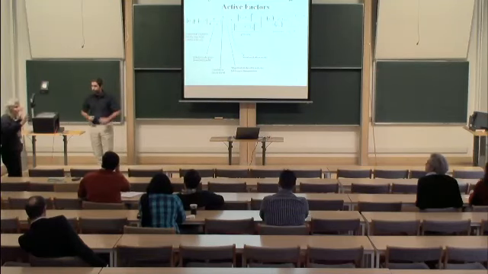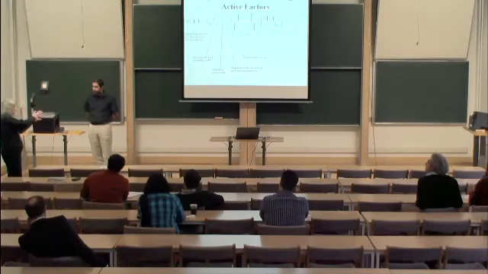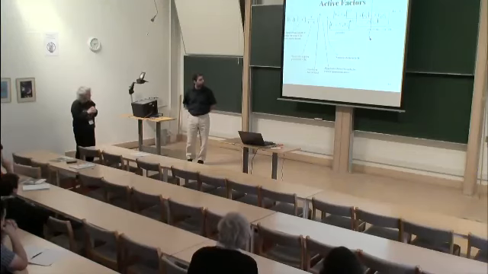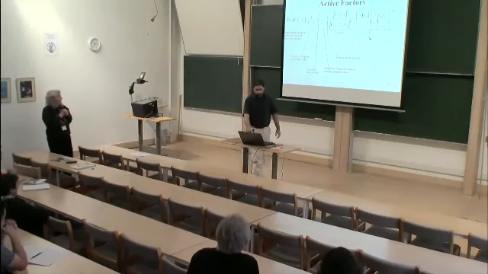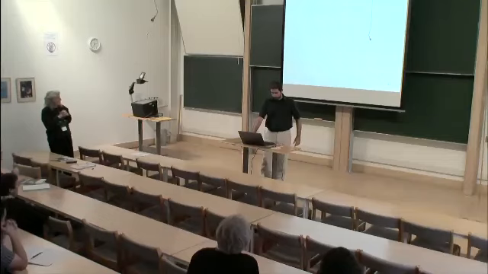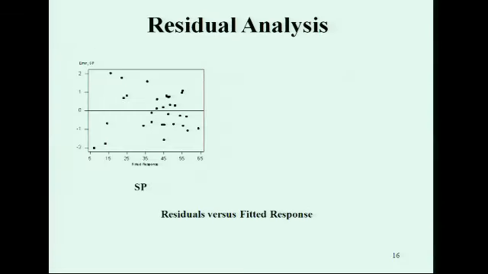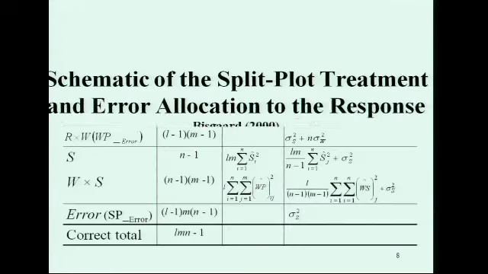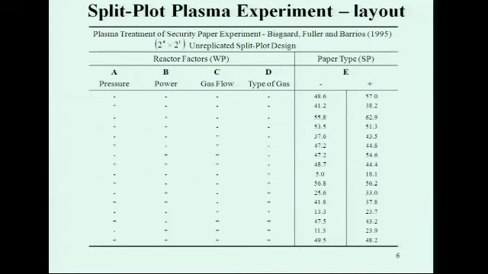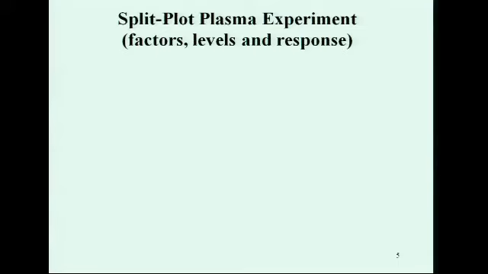I think the reason we're getting confused is we don't understand the difference between a factor and a main effect. So what do you mean when you say a factor is active? Let's see if I can explain myself better. For example, pressure.